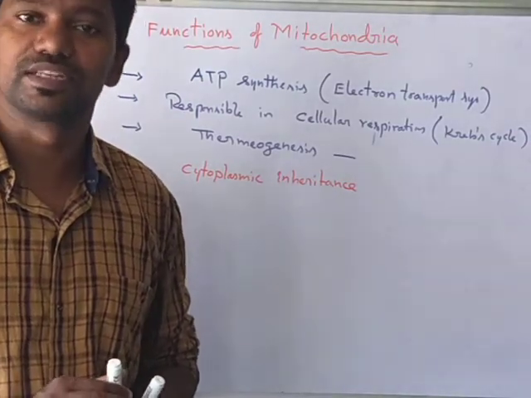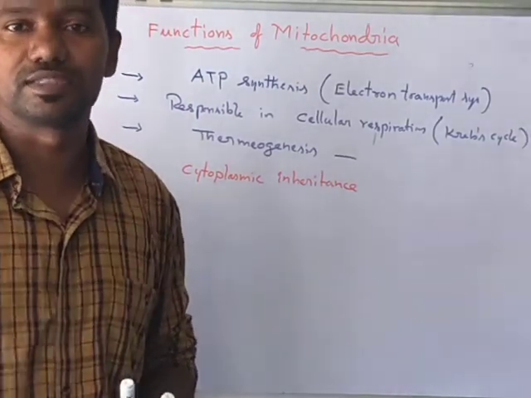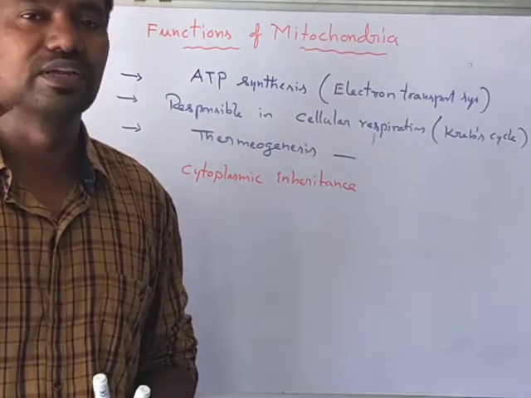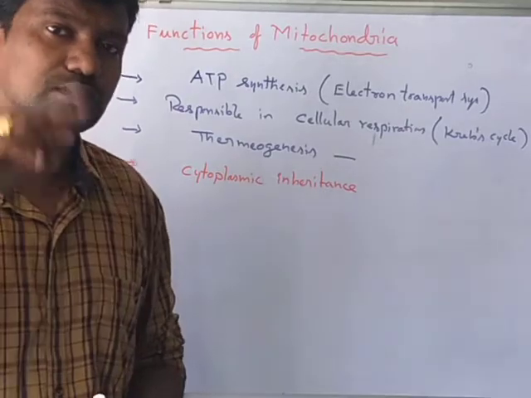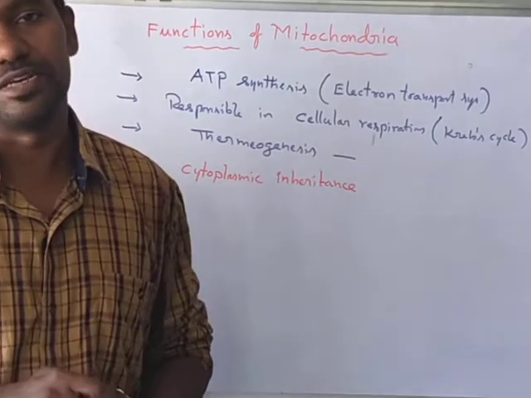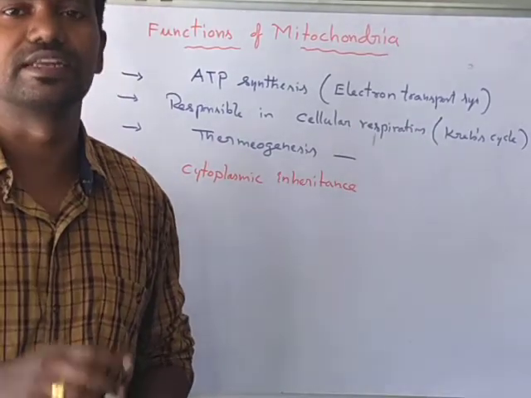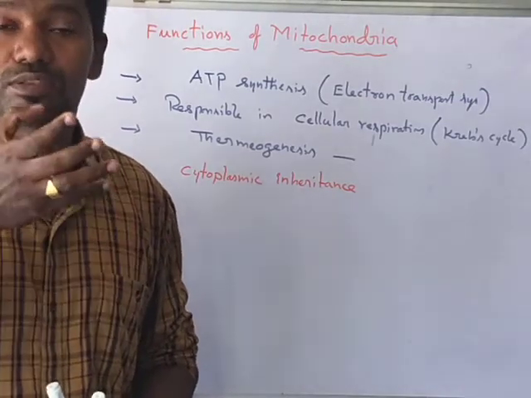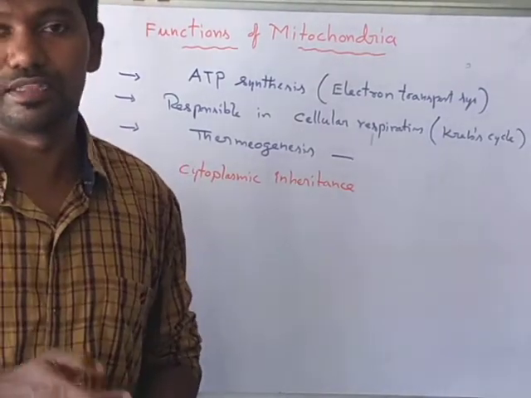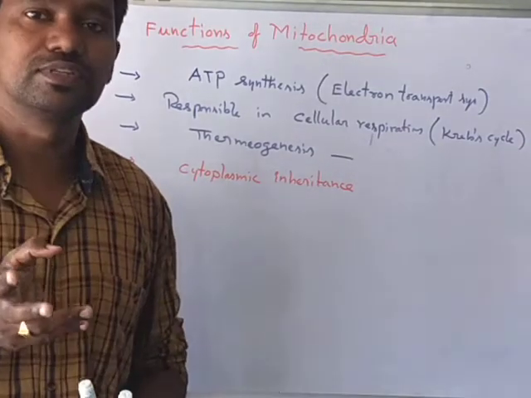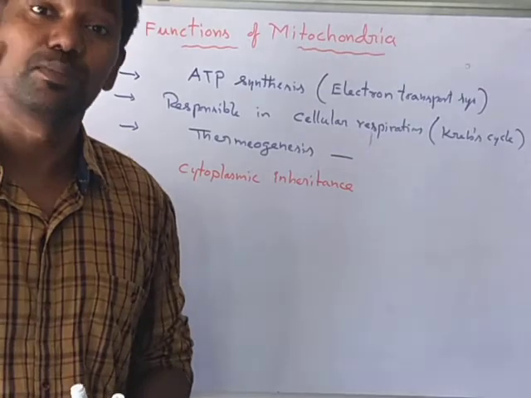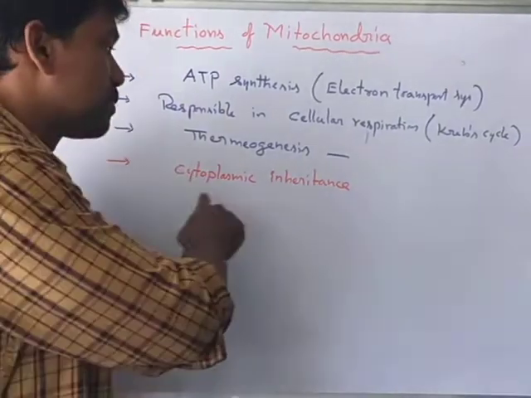If you focus only on nuclear DNA, but mitochondria also contain their own DNA. That DNA is transferred through the cytoplasm. The mitochondrial DNA transfers from one generation to another generation through the cytoplasm. So that is called cytoplasmic inheritance.